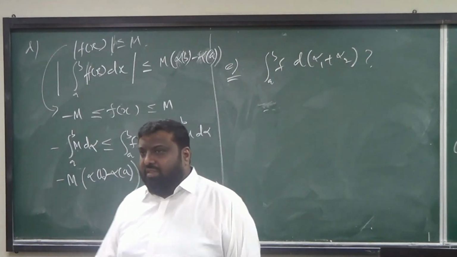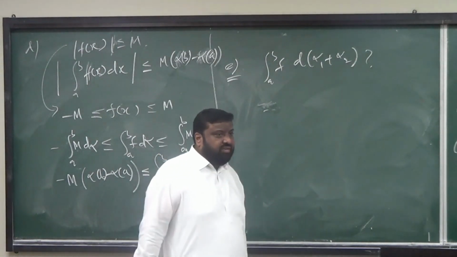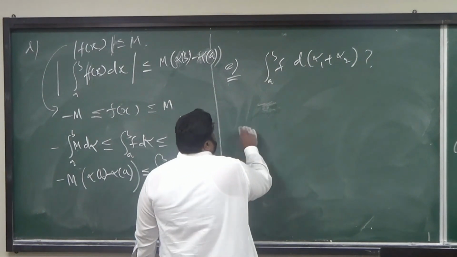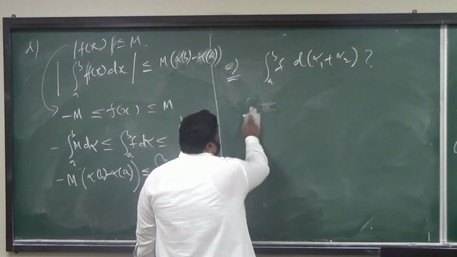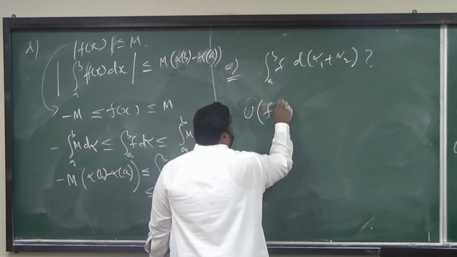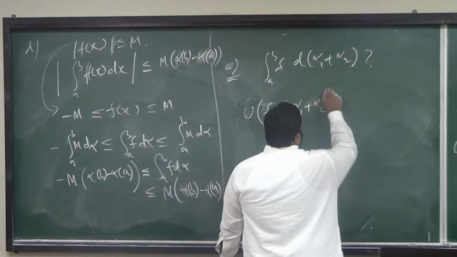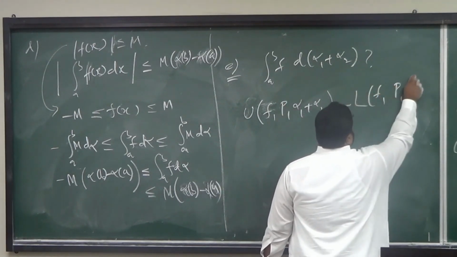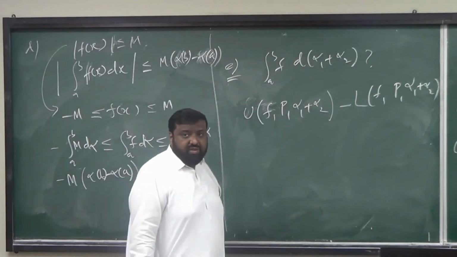Does something like this exist? So we know that this makes sense. In order to make sense of this, you need to think about U(f, P, alpha 1 plus alpha 2) minus L(f, P, alpha 1 plus alpha 2). See? That's what you have to think of.